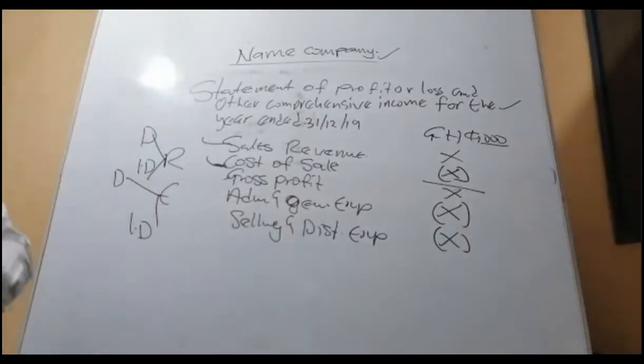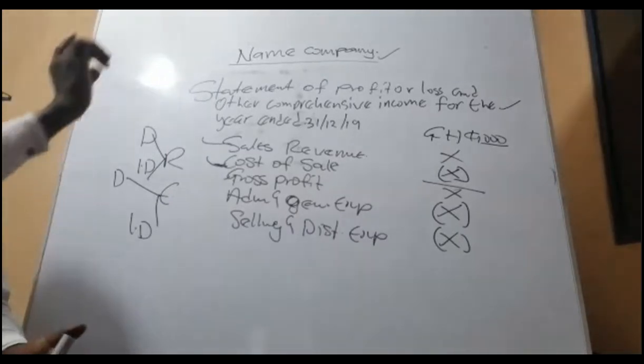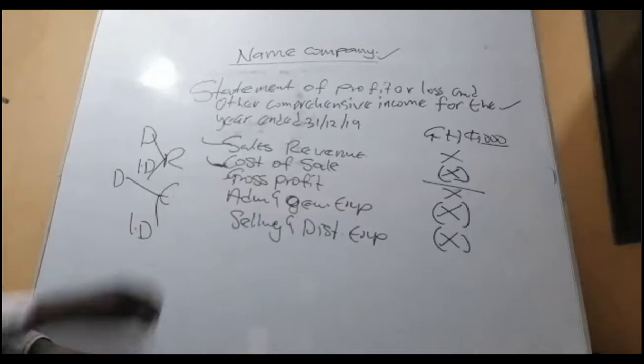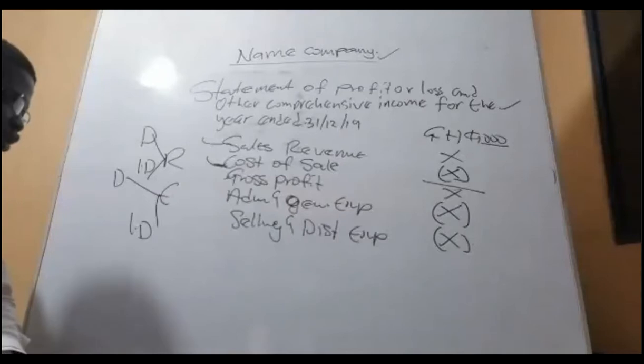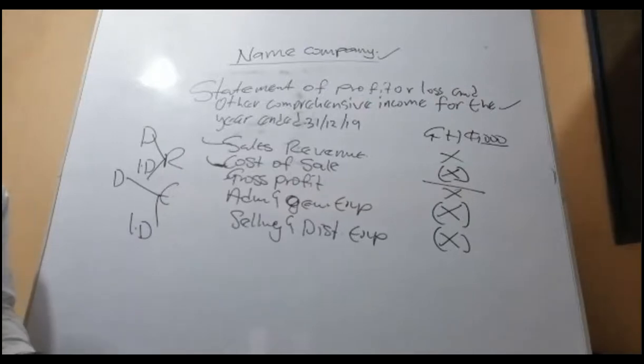Now, here there's a danger. The danger is that all the expenses given to you in the trial balance, you have to arrange them or match them between admin and selling and distribution costs. Some of the expenses you have to determine whether it is admin or distribution, and sometimes you find it difficult.